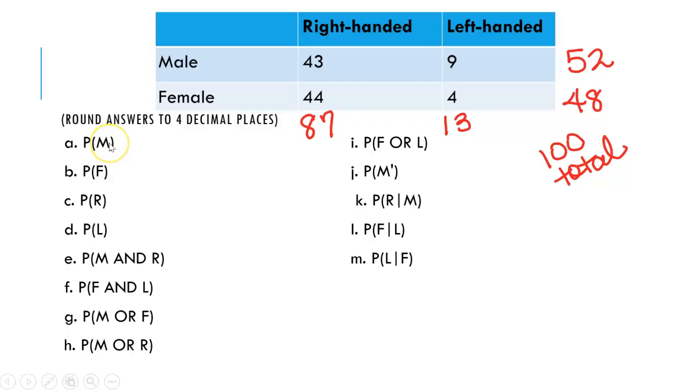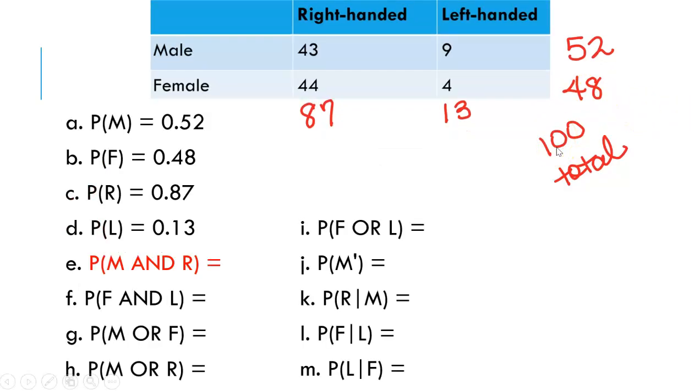So probability of male is going to be out of 100. There were 52 males out of that 100. Probability of a female, there are 48 out of the 100. Probability of right-handed, there are 87 out of the 100. Left-handed, there are 13 out of the 100.